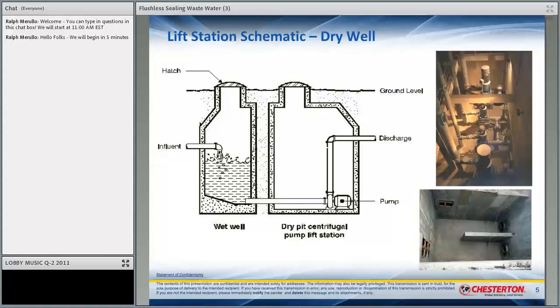They may be pumping from a wet well, shown on the left, or a dry well, a dry pit. You could have a submersible pump in the wet well that pumps to the plant, or a wet well with a dry pit centrifugal pump located adjacent to it that would lift that fluid.